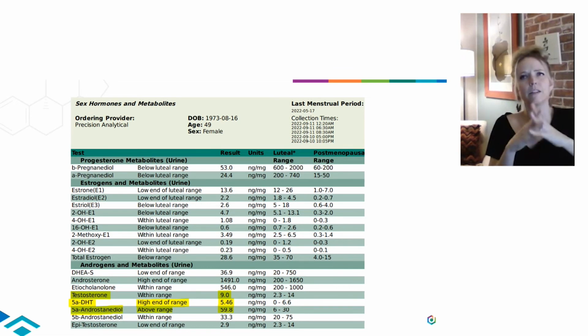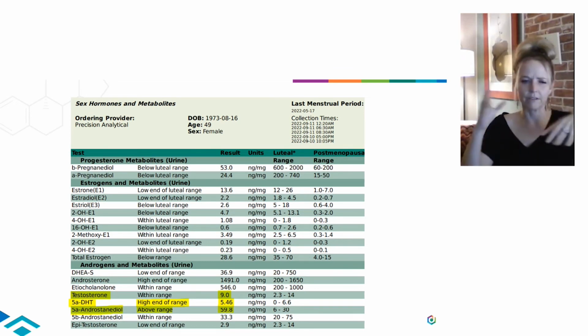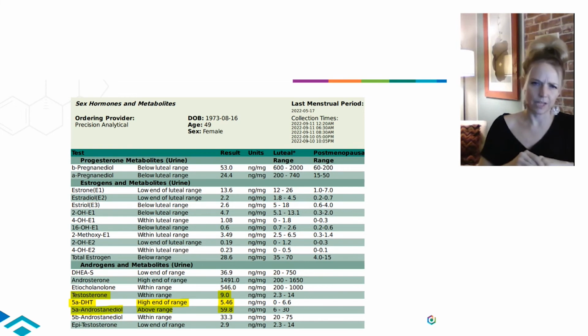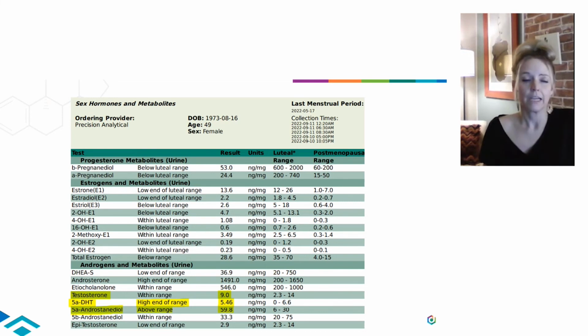Sometimes in perimenopause, LH levels are rising and you have theca cell stimulation, and it's not a super unusual time to see dihydrotestosterone and 5-alpha androstanediol elevated. Doesn't mean that it feels good or looks good, but it can be just kind of a sign of perimenopause. And if she's been having that increase for the last year or so, maybe she's kind of been in perimenopause for a while. Maybe that's all we're seeing here.